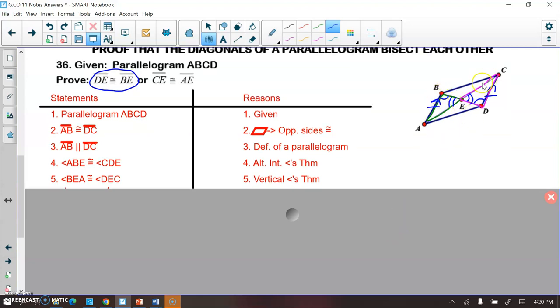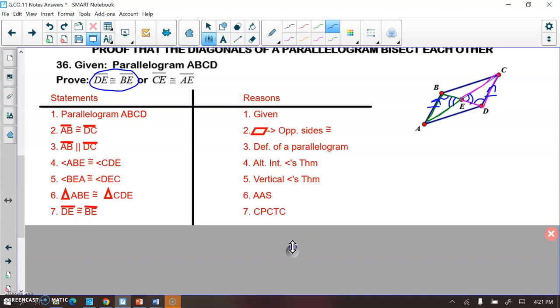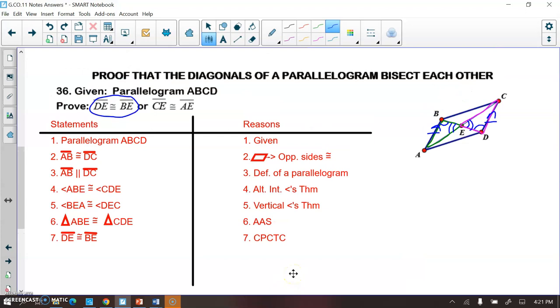So thus I proved these two triangles congruent by angle side. Now if you used both pairs of alternate interior angles, then you would be proving these two triangles congruent by angle side angle. So just making you aware of that. So since I have these two triangles congruent, now I can say that the parts are congruent. So I can say DE is congruent to BE by CPCTC. All right, that brings us to the end of this lesson. More proofs in the next video.